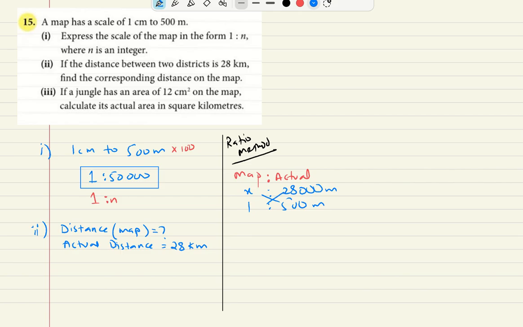Now both units are same. So we will cross multiply. 500x is equals to 28,000. Now 500 मल्टीप्लाई हो रहा है, ऑपोजिट साइड पे जाके क्या हो जाएगा? डिवाइड हो जाएगा. सो 28,000 अपॉन 500, 0000 कट, 5 1s are 5, 5 5s are 25, 3 remaining, 5 6s are 30.